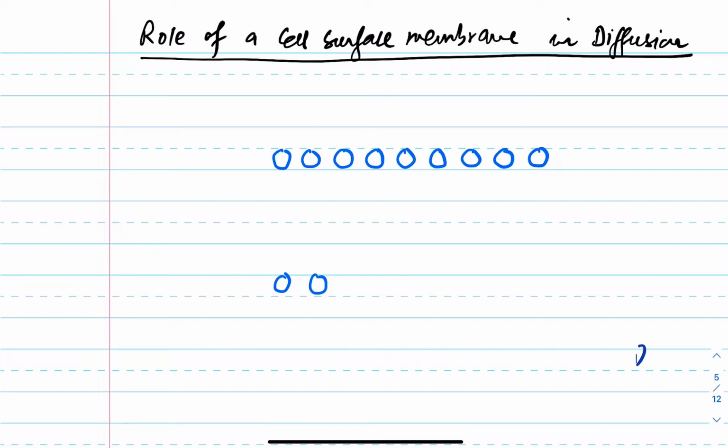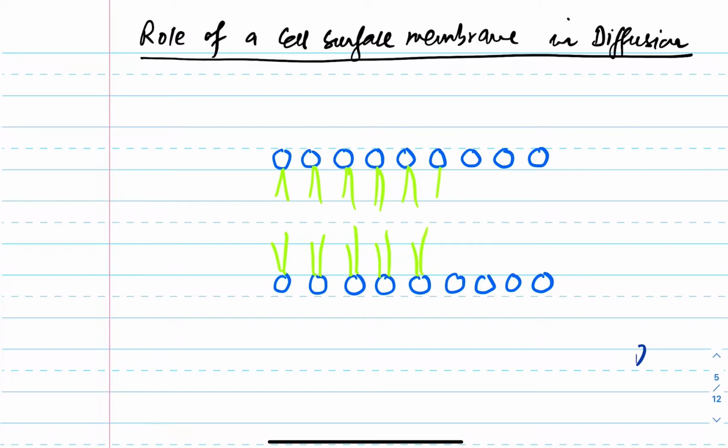So if I draw the phospholipids, they have the polar heads and non-polar tails. Tails are facing each other and the polar heads are facing outwards, and this makes a phospholipid bilayer.